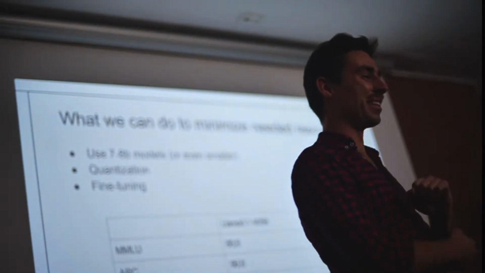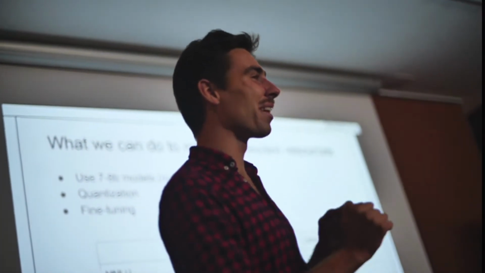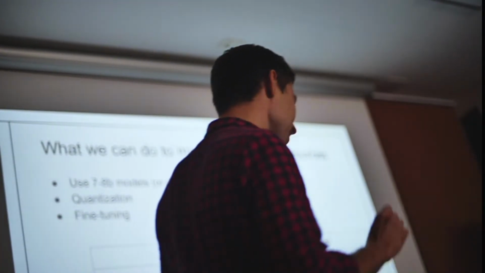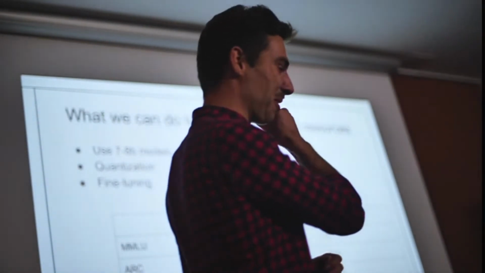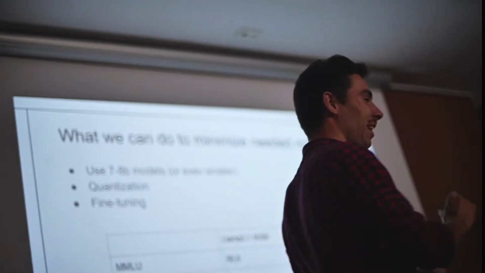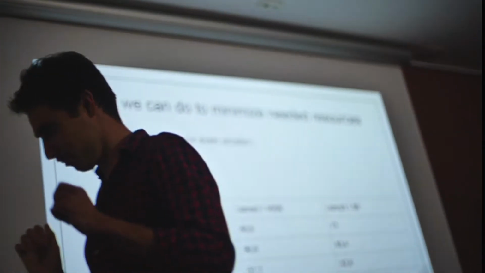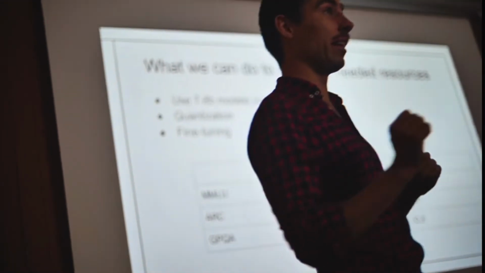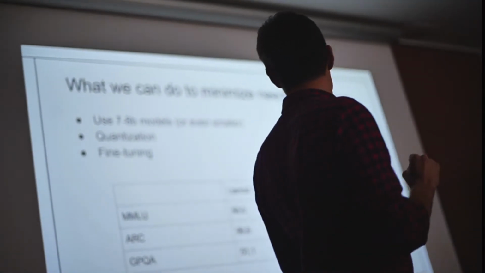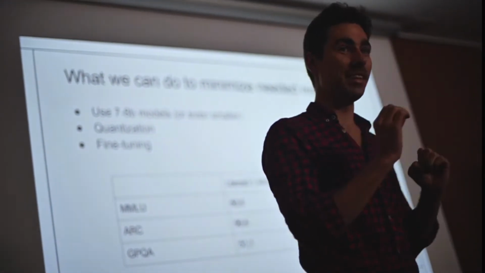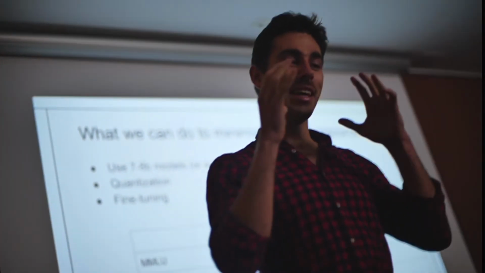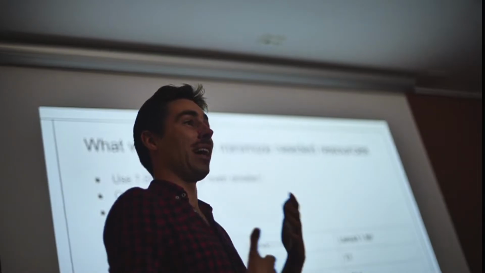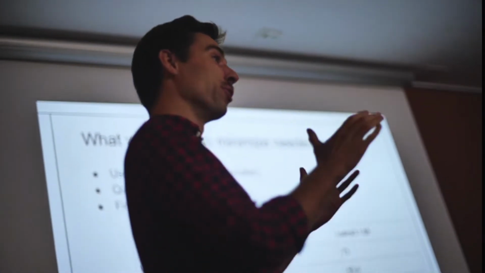The drop in intelligence is usually much smaller than the drop in the size of the model. And the third thing we can do is fine-tuning of our model. About this we'll talk in more detail later. Fine-tuning is a trick allowing us to pre-train our model on a concrete set of data we created exactly for our use case.